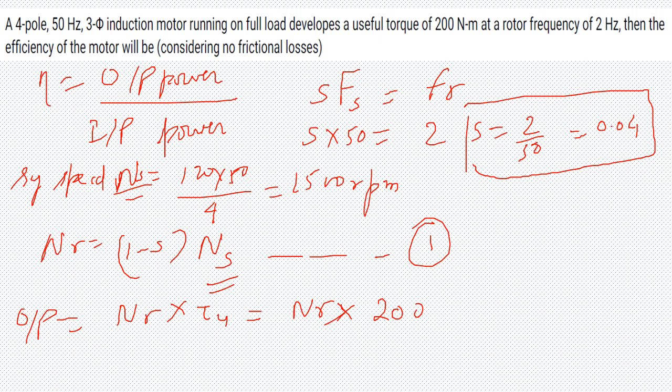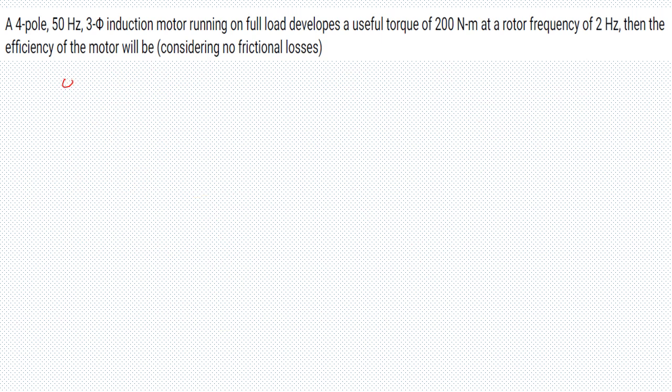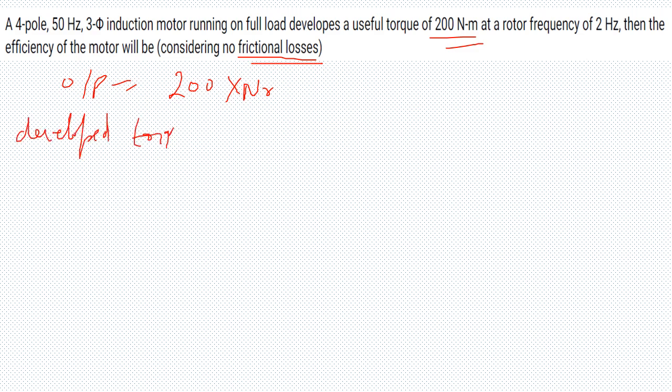Let us write it separately: our output power is 200 into nr. You can clearly see that the frictional losses are neglected, so the developed torque is the same as the useful torque, the full torque. So that is also 200 Newton meter.